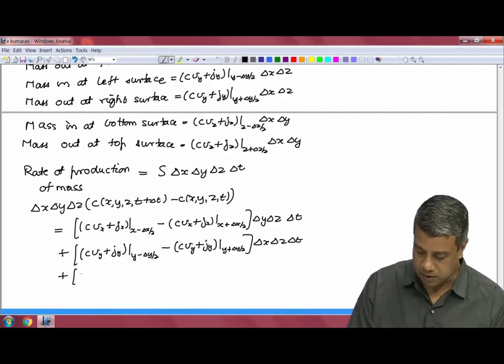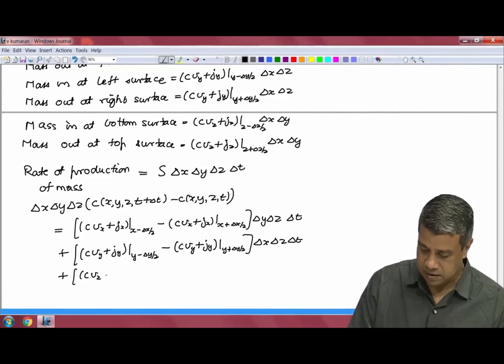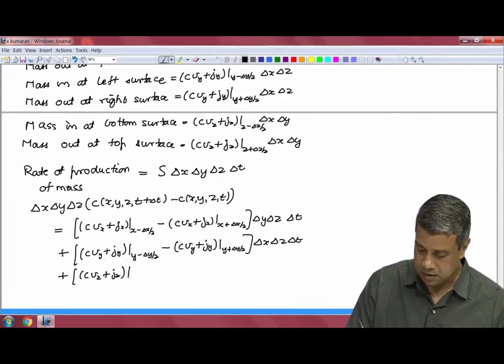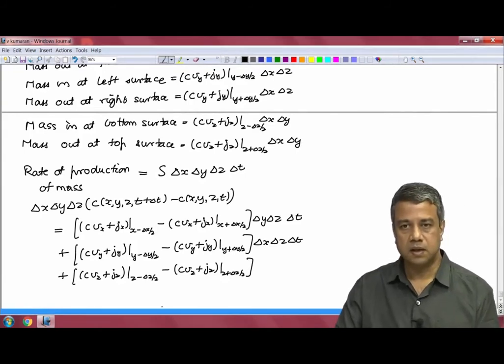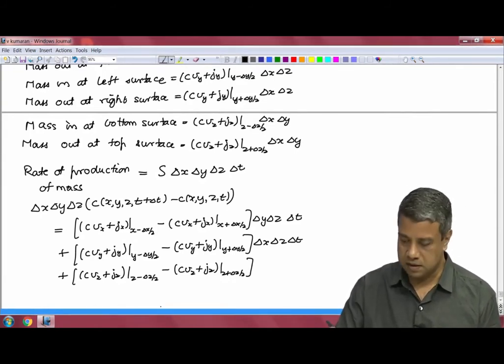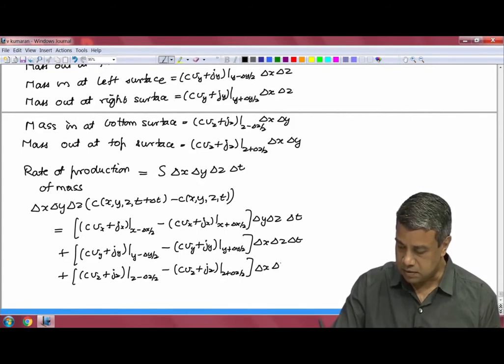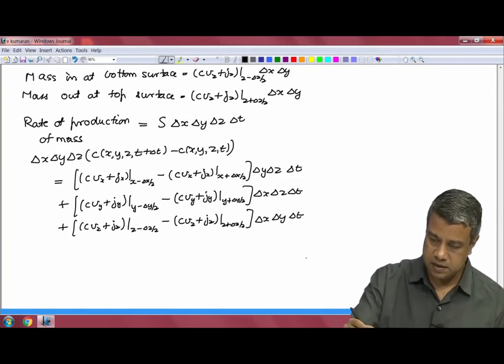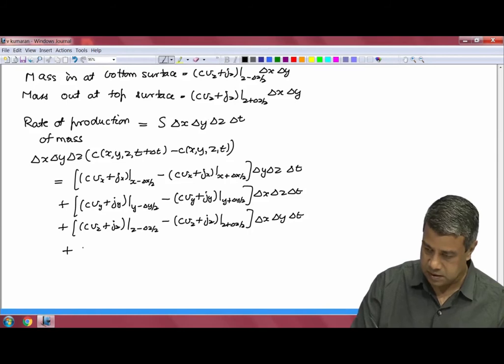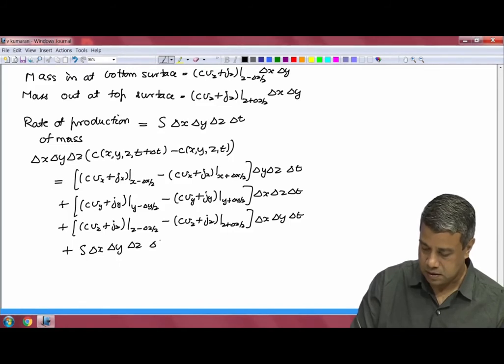Plus the top and bottom. Bottom, what is coming in is C Vz plus Jz at z minus delta z by 2, minus C Vz plus Jz at z plus delta z by 2, leaving at the top, into surface area perpendicular to the z direction, delta x, delta y and delta t, plus the rate of production of mass, S delta x, delta y, delta z, delta t.